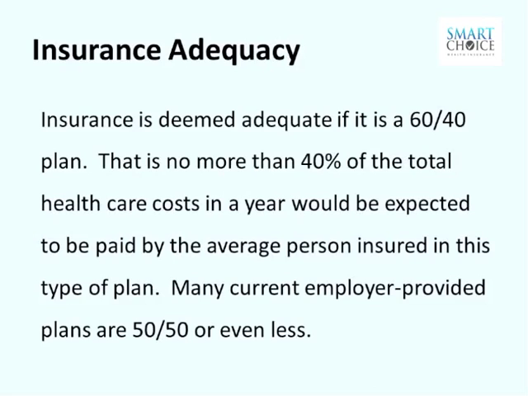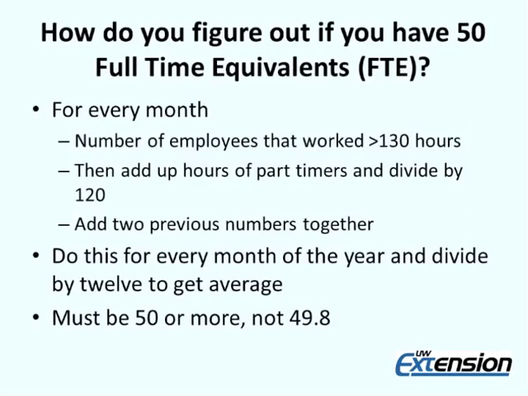Adequate means that no more than 40% of the total health care cost of an individual would be expected to be paid by that individual. So the employer must pay 60% of the health care premium. Say next, Becky. Not that the employer must pay 60% of their premium, but the employer must provide a plan that's at least of the bronze category. You're right. Yep. Excuse me. Thank you, Tracy.